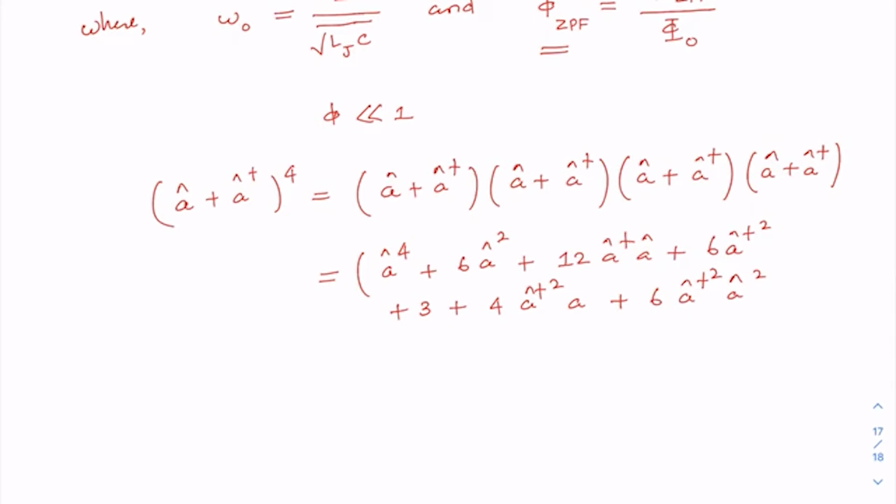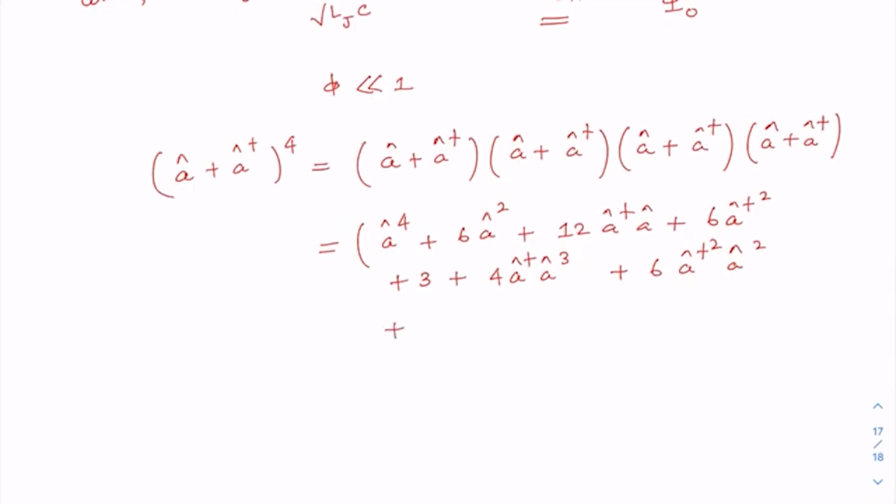You have to be careful. Okay, let me correct it. This would be 4 into A dagger A cube. Please verify it yourself, and you will get 4 A dagger cube A and A dagger to the power 4.